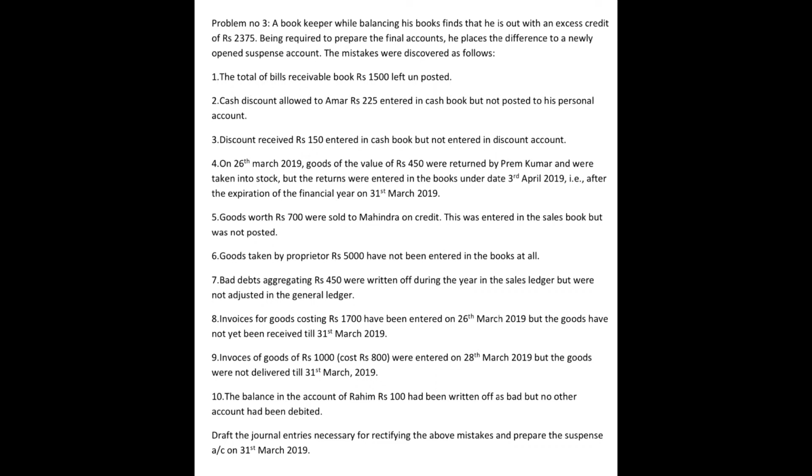Ninth, invoices of goods of 1000 rupees cost 800 rupees were entered on 28th March 2019, but the goods were not delivered till 31st March 2019. Tenth, the balance in the account of Rahim, 100 rupees, had been written off as bad, but no other account had been debited. Draft the journal entries necessary for rectifying the above mistakes and prepare the suspense account on 31st March 2019. This is the question.